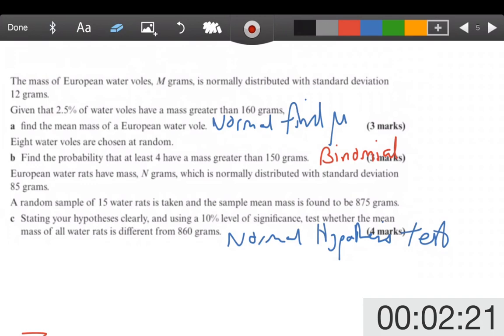Remember the one with the mean of 0 and sigma of 1? Sorry, Z should be 1.96, I believe, for this one, which should lead to a mean. You can do that bit. But yes, Z should be 1.96.